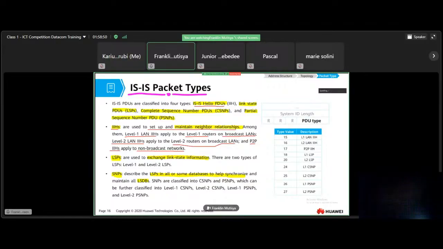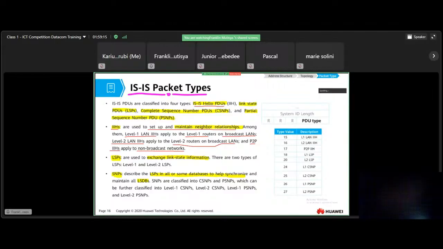So when you're reading or revising IIH, that is the intermediate system to intermediate system LO packets, know that there are some that are used for broadcast networks and others that are used for non-broadcast networks like point-to-point.